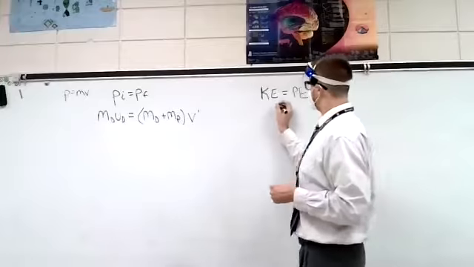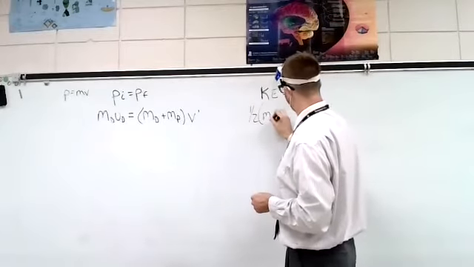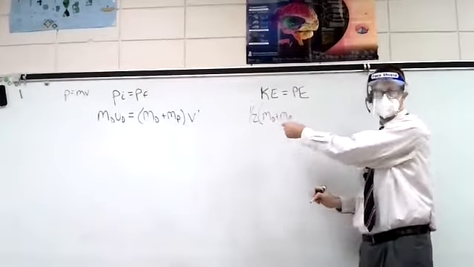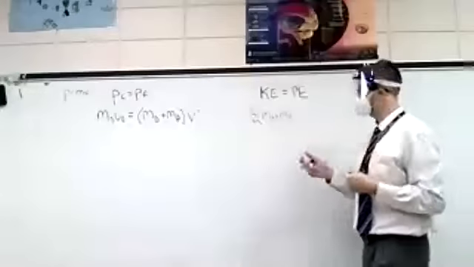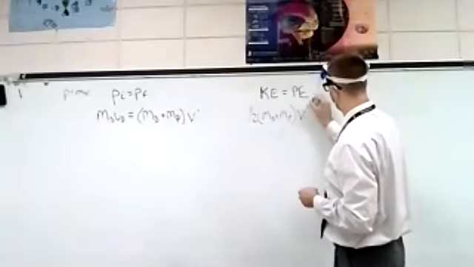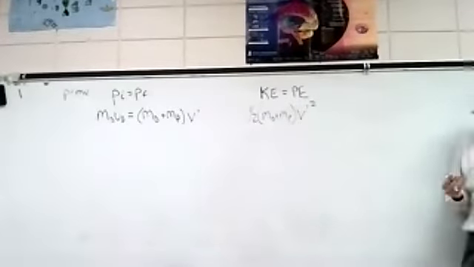So the kinetic energy is 1/2, and at this point we've ensured there's an inelastic collision, so it's the shared mass, the sum of the masses. So 1/2 m, and it's v, what we're calling v prime, and that quantity is squared. That's the kinetic energy.